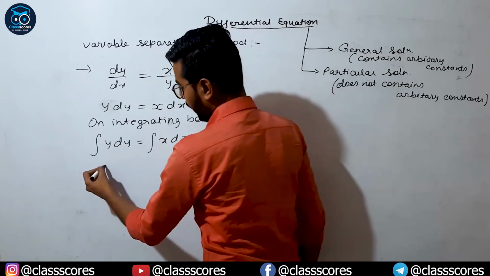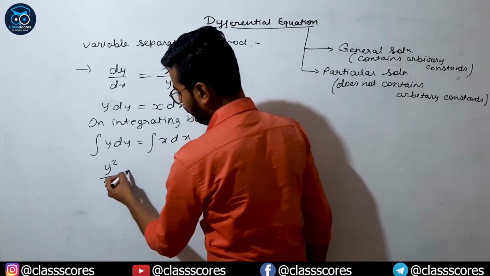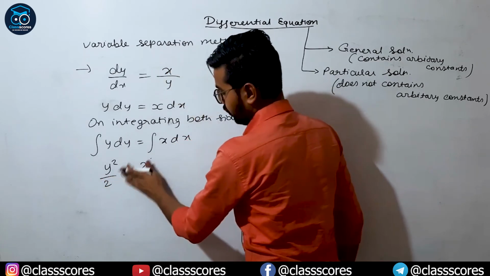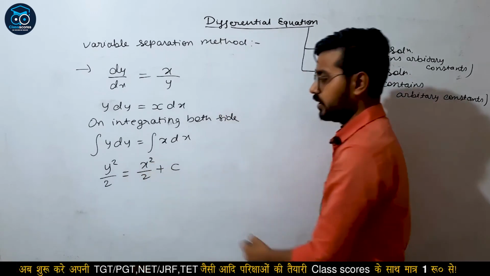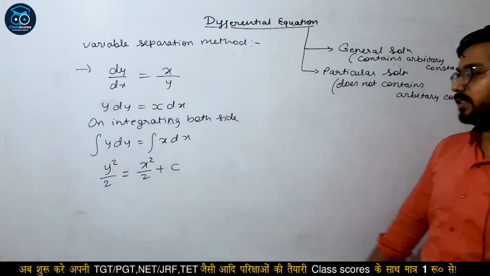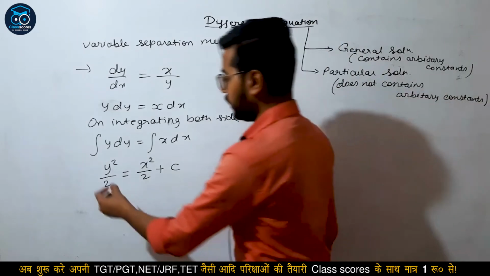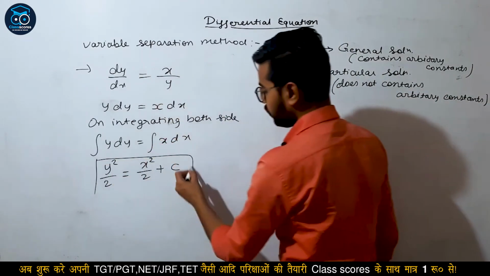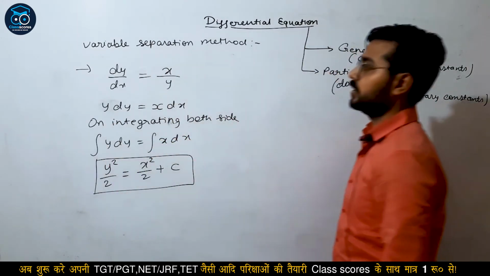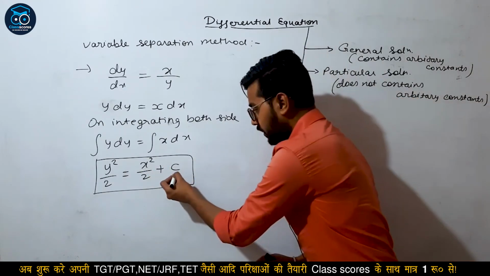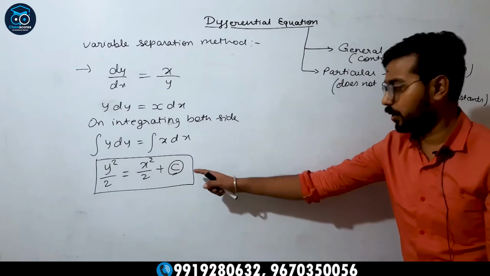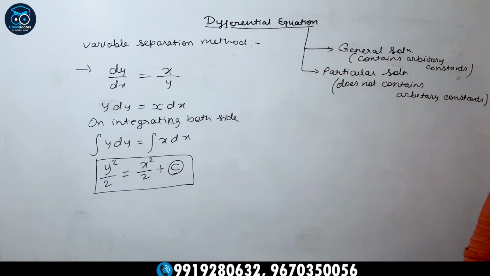When we integrate, we get y square by 2 equals x square by 2 plus one integrating constant, c. This is our required solution for the given differential equation. It contains an arbitrary constant, so it is a general solution.